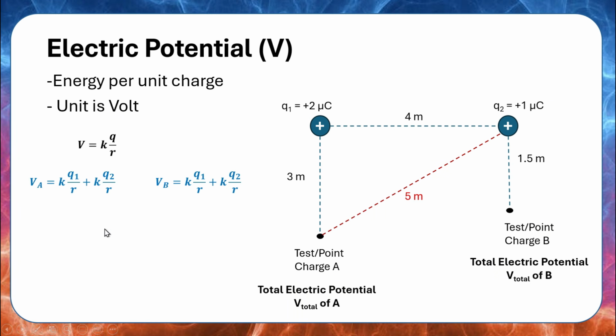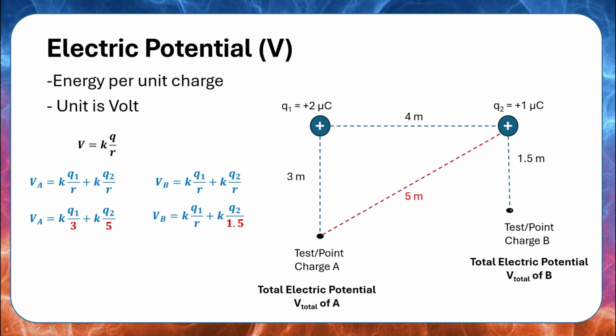So r here is now 5. Okay, and we can now solve that by plugging in all the values in these variables, and we can get the answer. For B, we are certain of the 1.5 meters away from Q2, so that's why we have the r here, 1.5 away from Q2, but we are not certain of the distance away from Q1. So we're looking for this distance here.